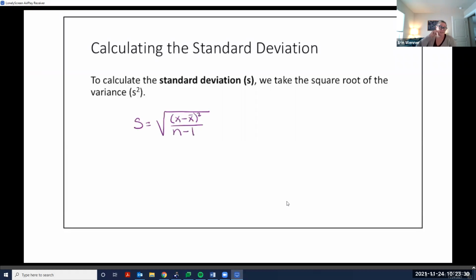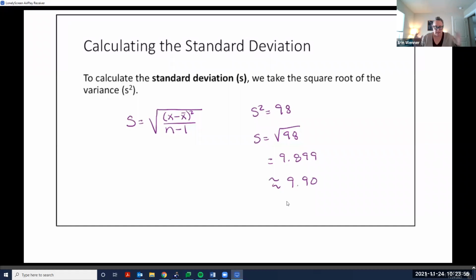Again, a really complicated looking thing, but from the previous page, we know that s squared was 98. If we take the square root of that, we get 9.899, or approximately 9.90.